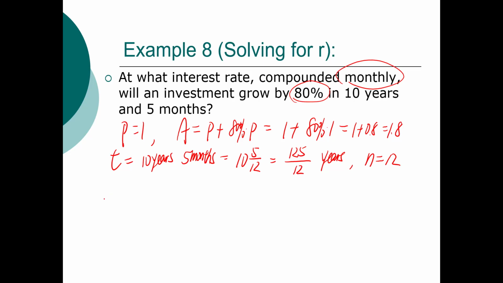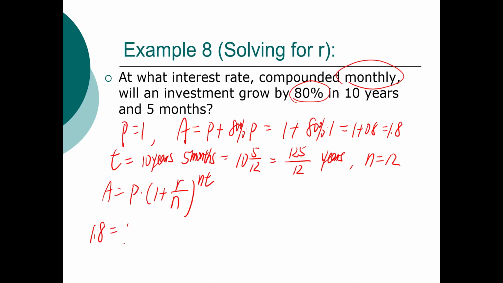Okay, so ending balance equals principal times 1 plus the rate over 12, to the nt. Hold on, let me go back a little bit. Let me write our formula first. Using the same formula here, A is 1.8 units.